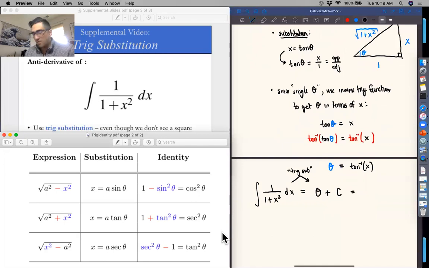And then lastly, when we went back to the original variables, we saw that this is actually equal to the arctangent of x plus c. And that is how sometimes we can use trig sub on integrals that don't involve square roots, but still have some number plus x squared stuff, in the form that we could eventually mathematically massage this into using our Pythagorean trig identities.